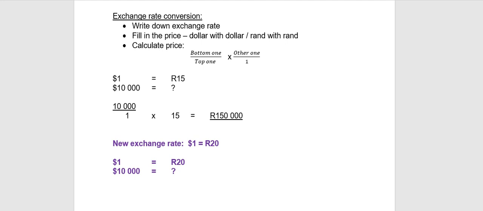Now you're going to calculate it in exactly the same way. All your information is here. Bottom one over the top one times the other one. So again it is going to be $10,000, the price, divided by the top one, which is 1.